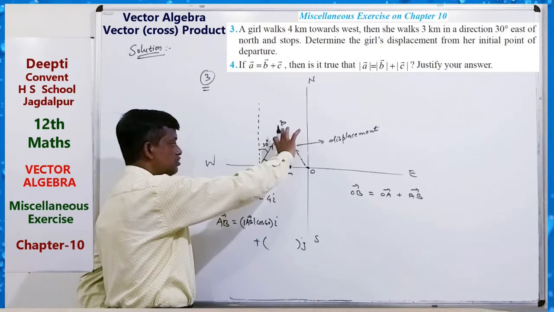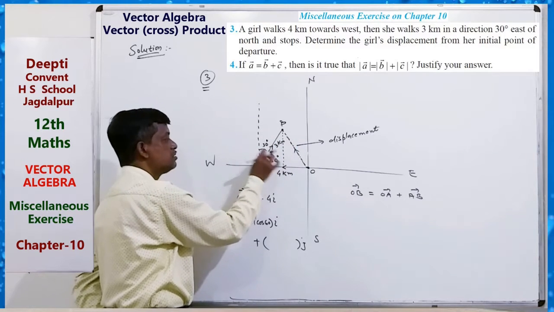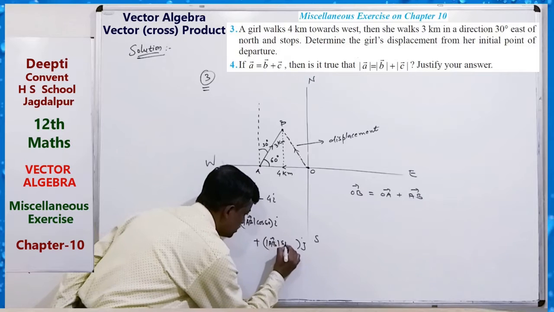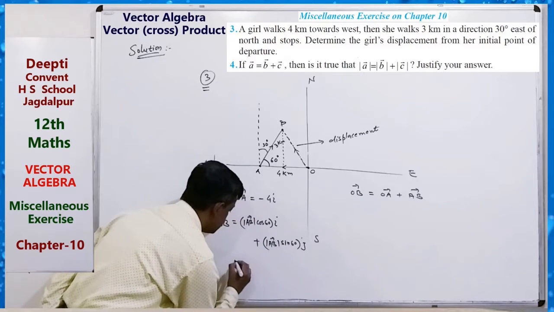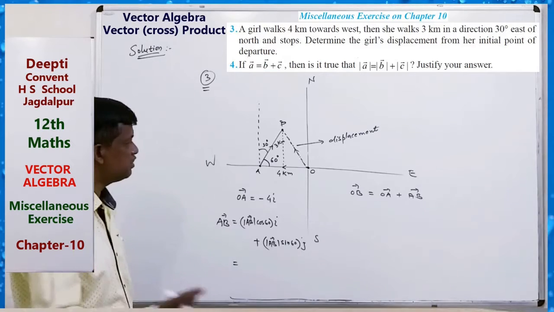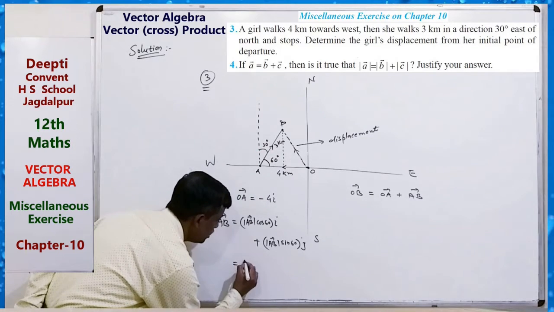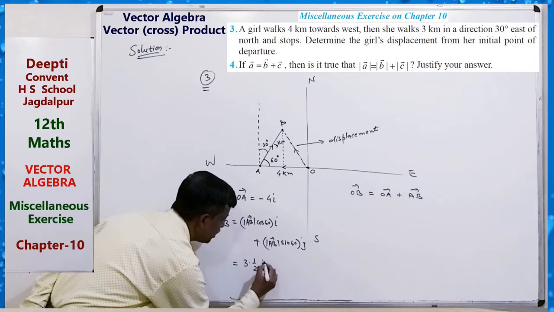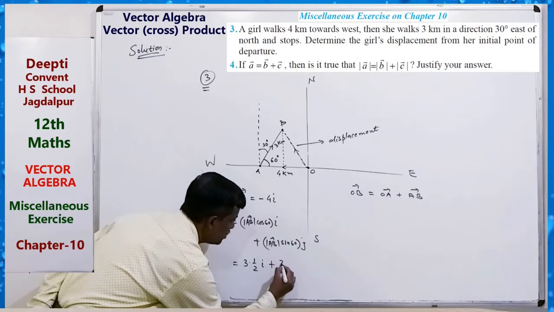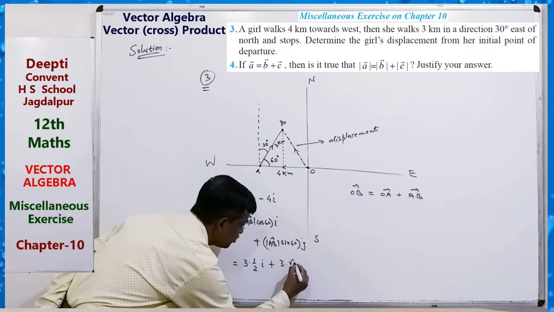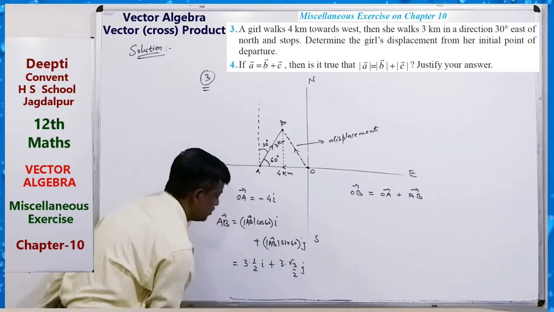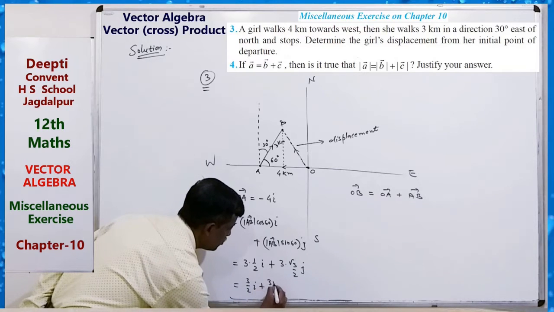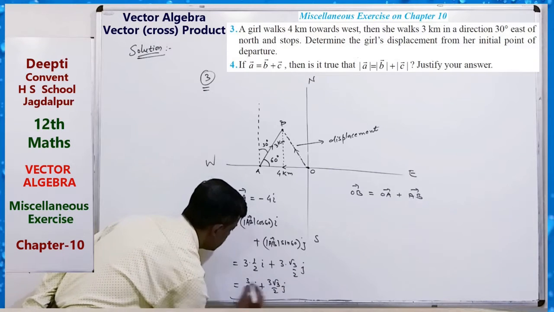So this equals mod AB sin 60. So we can solve it. Mod AB means 3. So 3 cos 60 is 1 by 2 i plus mod AB, 3 sin 60, means root 3 by 2 j. So this is 3 by 2 i plus 3 root 3 by 2 j. This is AB.